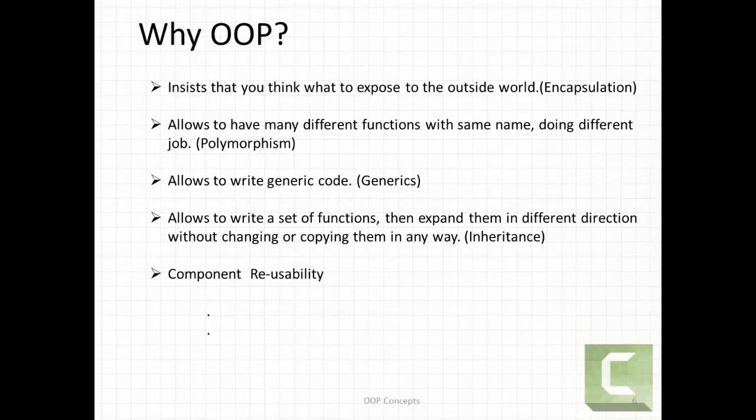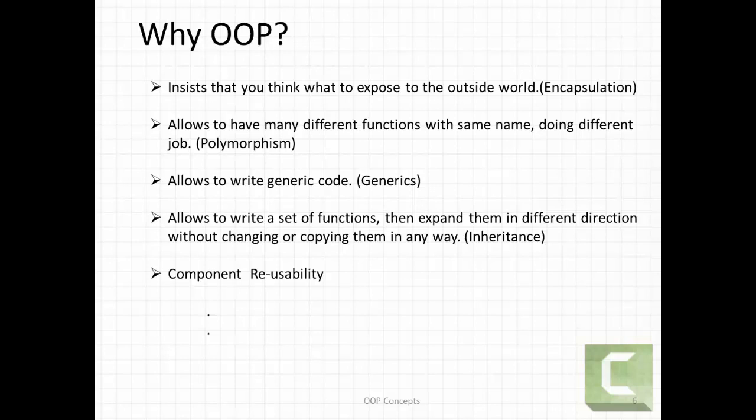There are a few other reasons why we go for OOP. It insists that you think about what to expose to the outside world. Suppose you are thinking of your object. Here you have the capability to restrict the properties of the object: what I should show outside of the object and what I should not. That concept is provided by OOP.